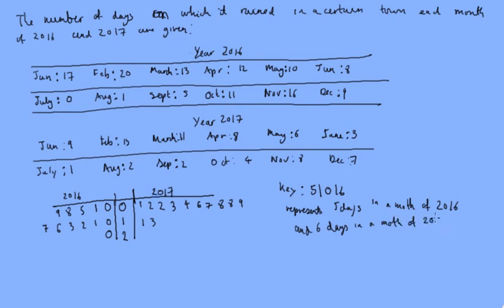Now, what this stem and leaf diagram no longer tells us is which months had which rainfall. It also doesn't tell us the quantity of rainfall. So the information we can find out from this is that it rained on more days in 2016.